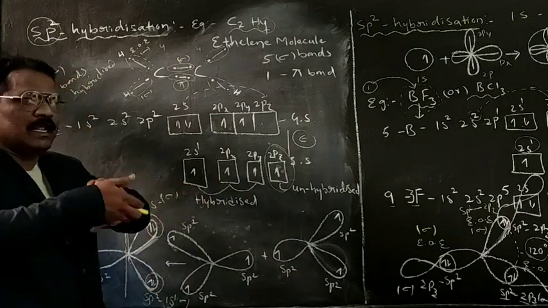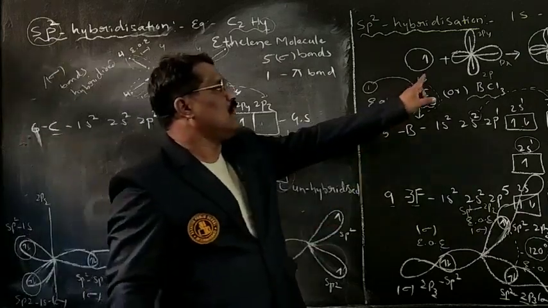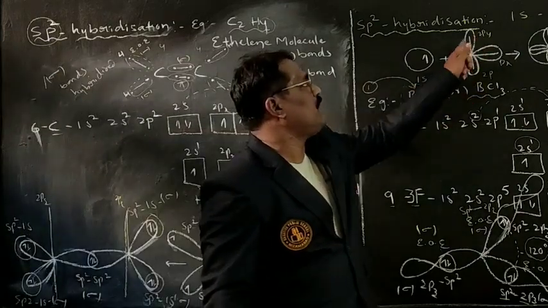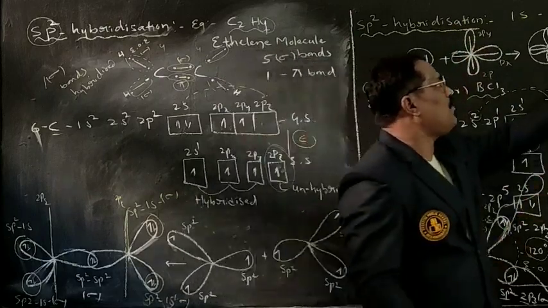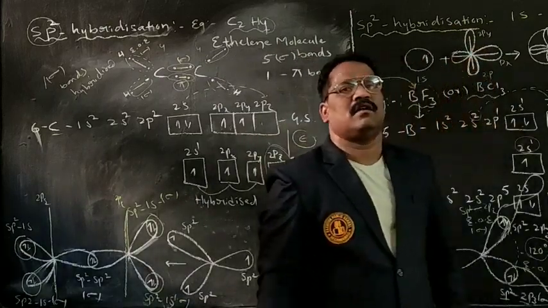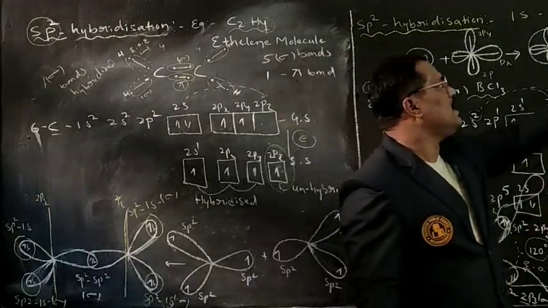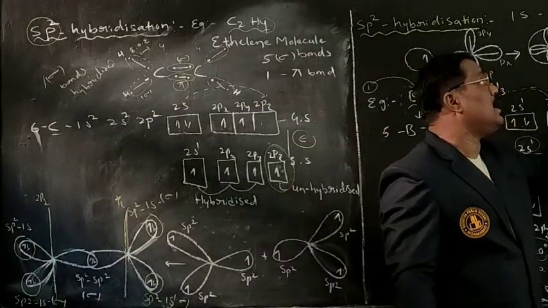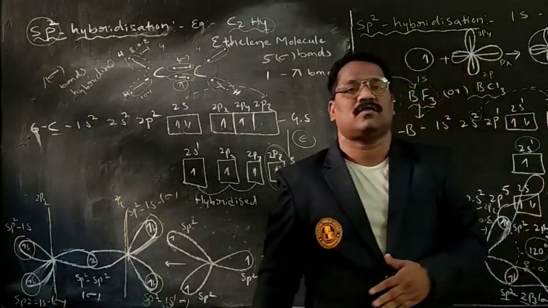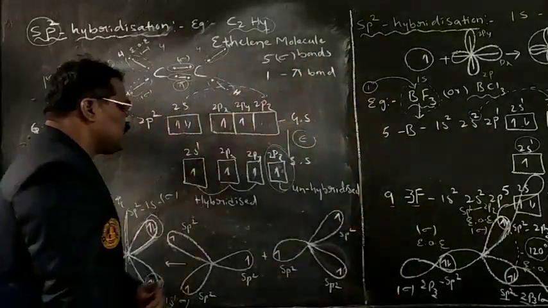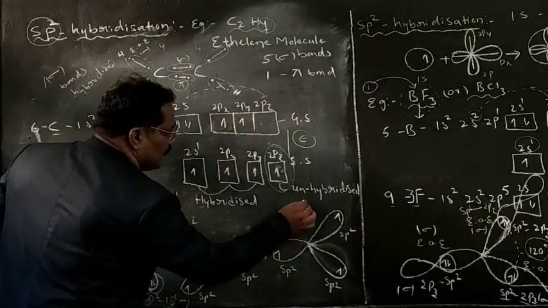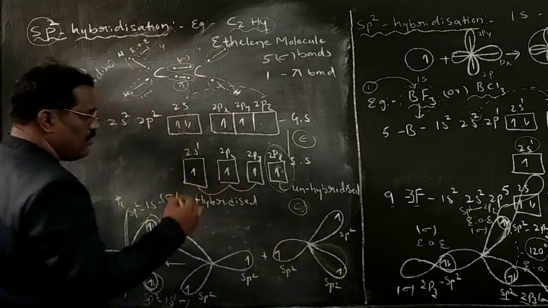These 3 intermix with each other and form 3 hybrid orbitals of sp2, in which each electron has equal energy and unpaired arrangement of electrons also exists. So for an individual carbon atom, I will get 3 sp2 hybrid orbitals.